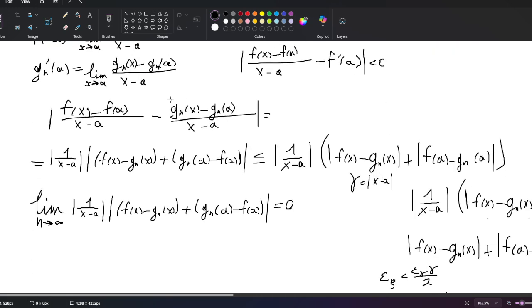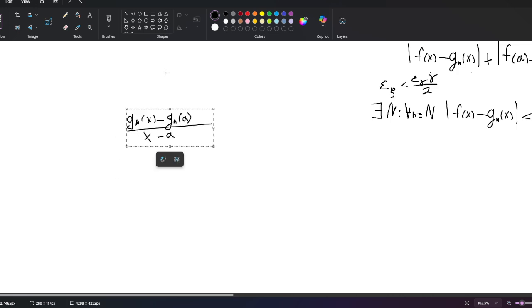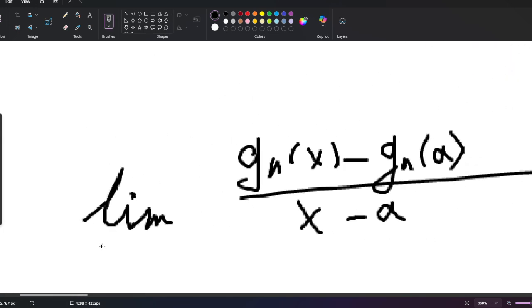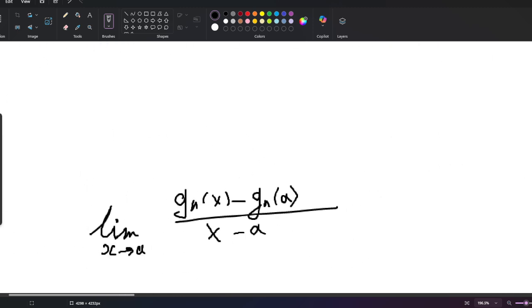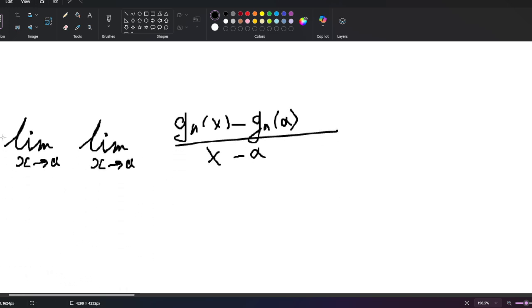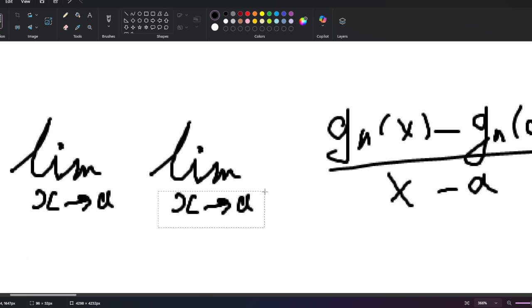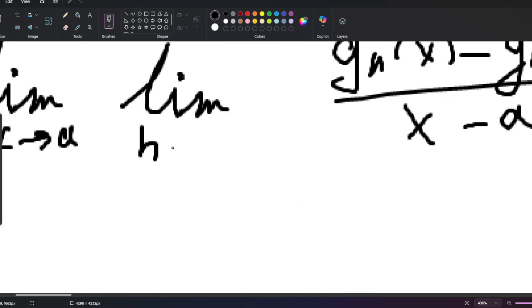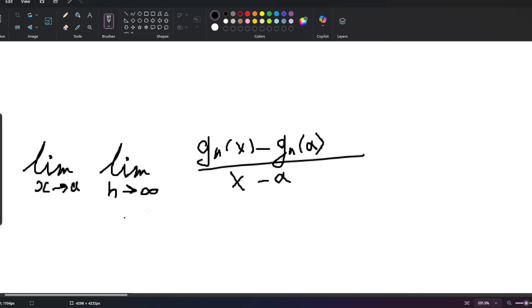Therefore, the limit over here, the limit as x approaches a, is going to be basically the derivative in question. We also make n approach infinity, so it's going to be f prime of a.